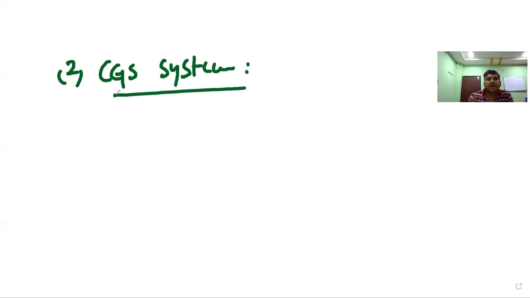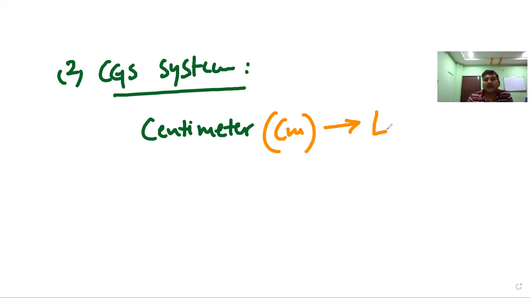Now, let us see the second one, CGS system. In the CGS system, C stands for centimeter, and notation is cm. It is for the length, and fundamental quantity is L. Similarly, the G stands for the gram.